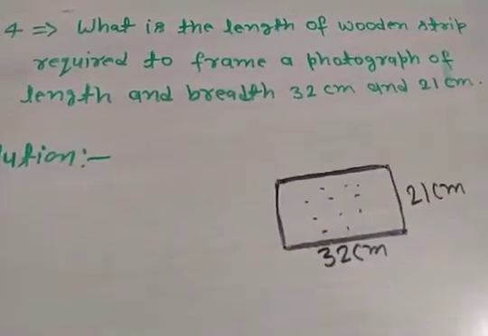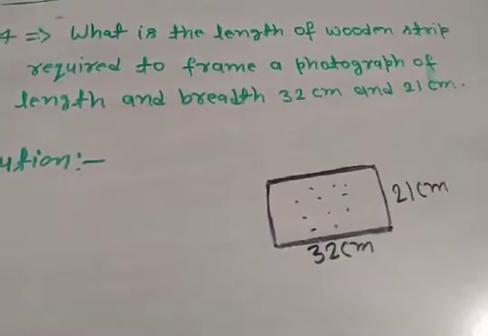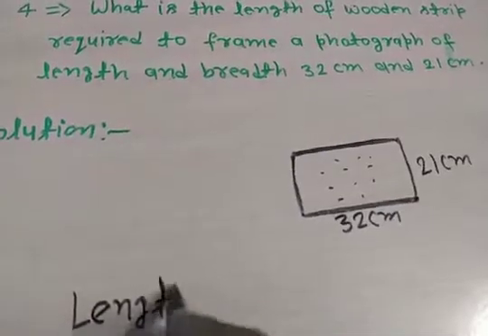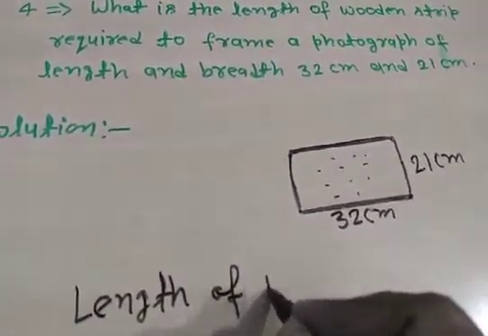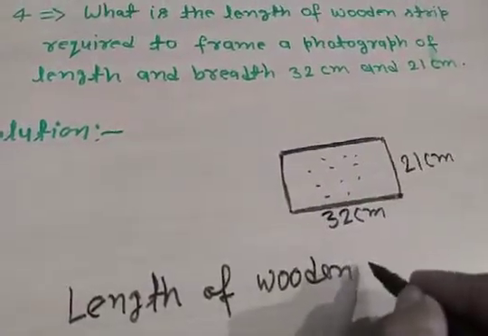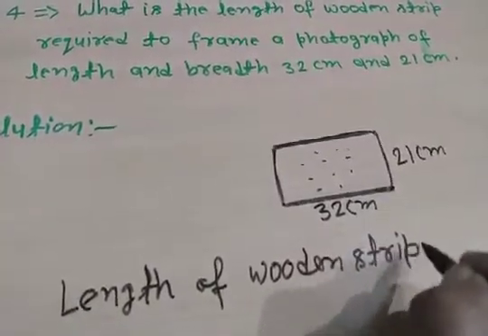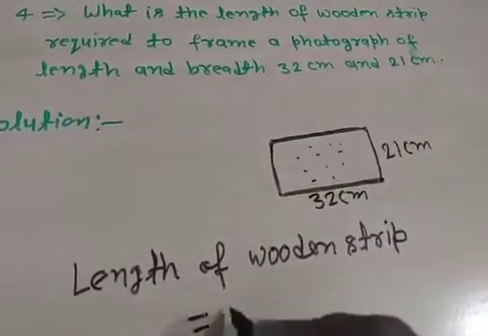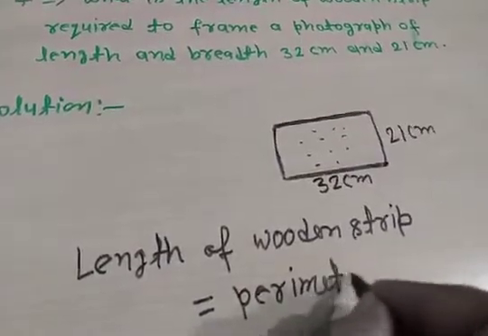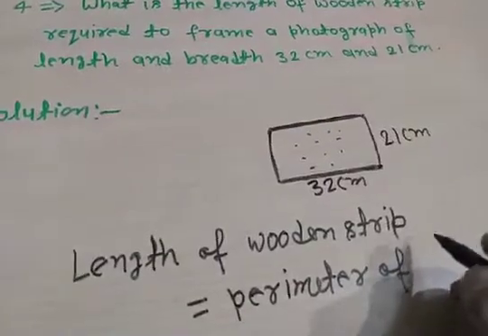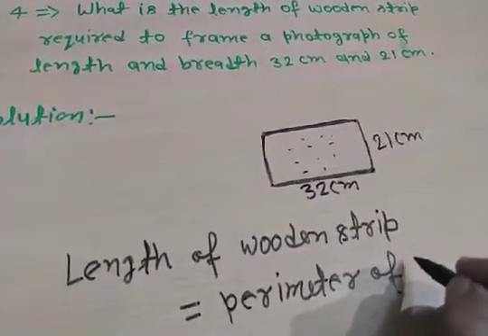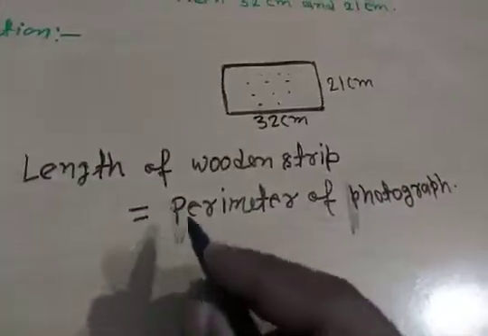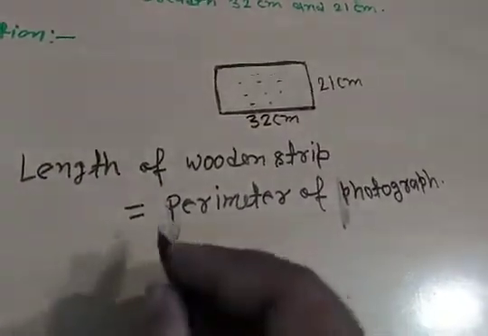So we find its perimeter. We write: length of wooden strip required is equal to perimeter of the photograph frame. So the length of wooden strip is equal to the perimeter of the photograph.